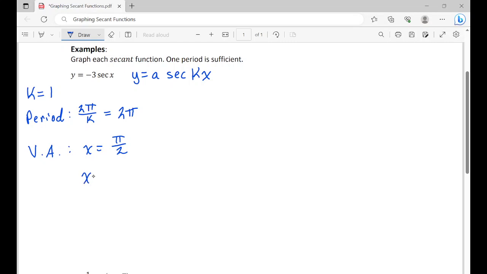So we're going to do x equals pi over 2 minus pi, then x equals pi over 2 plus pi, which will give us negative pi over 2, and 3 pi over 2. So now we have our 3 vertical asymptotes, so making the graph for secant will be a little bit easier.